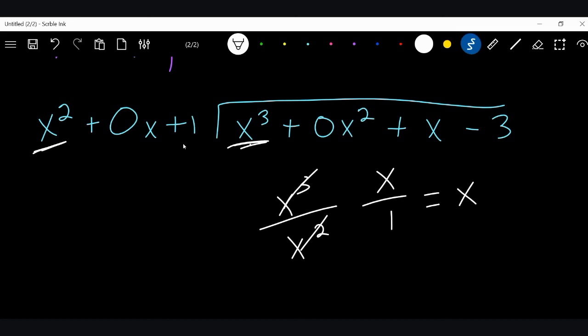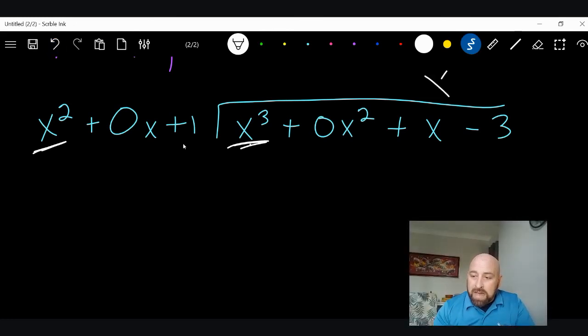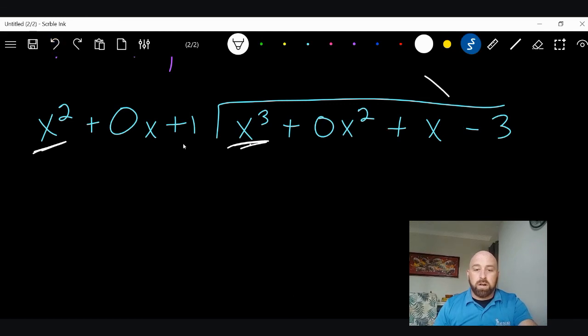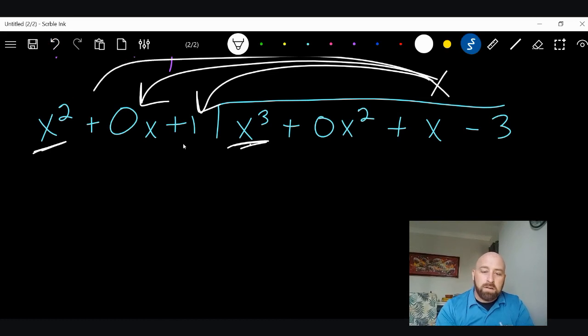That's the value there. And so you would put the x up top and you would put it in the x column. The x has to go in the x column because this is the x cubed, this is the x squared, this is the x column. And so you make sure that you put it where it goes, and now you would distribute it to each one and then finish the problem that way.